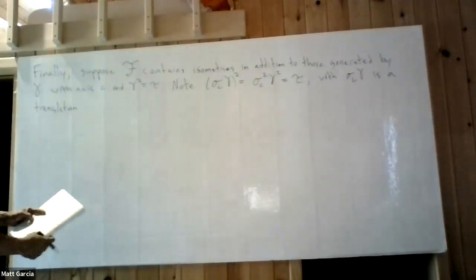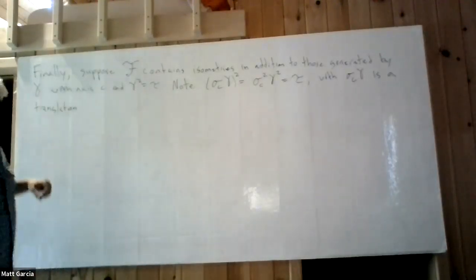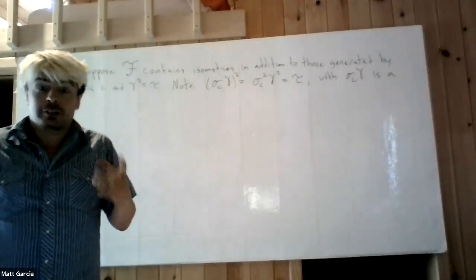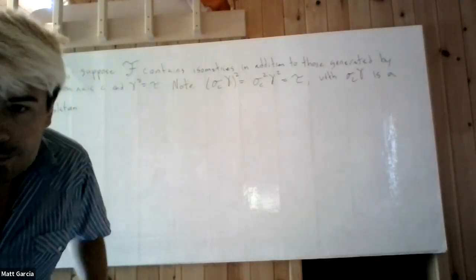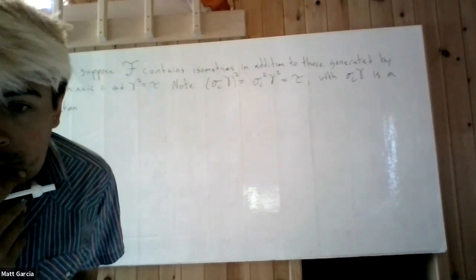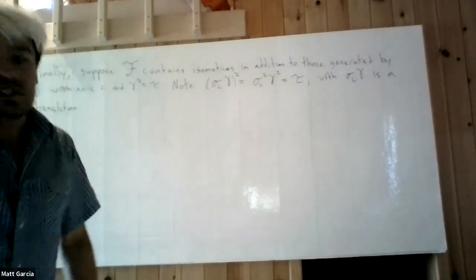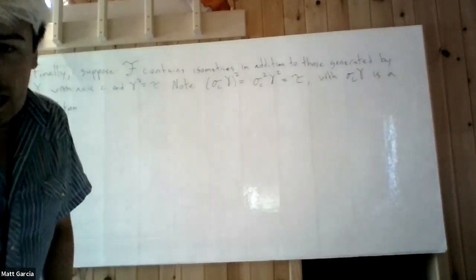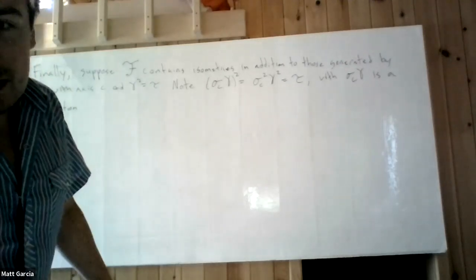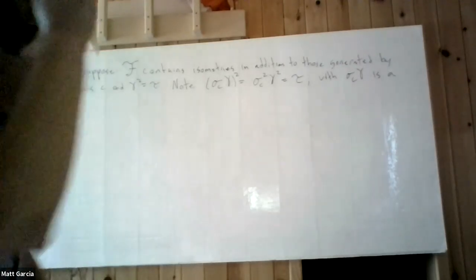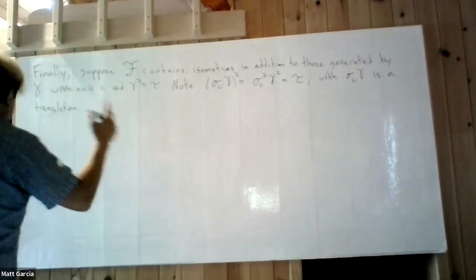Well, remember, we said at the outset that gamma has axis C. Yeah, that's another good way to see it. Keenan says gamma is alpha times the inverse of a translation, which is still a translation. Yeah, that's a good way to see it.